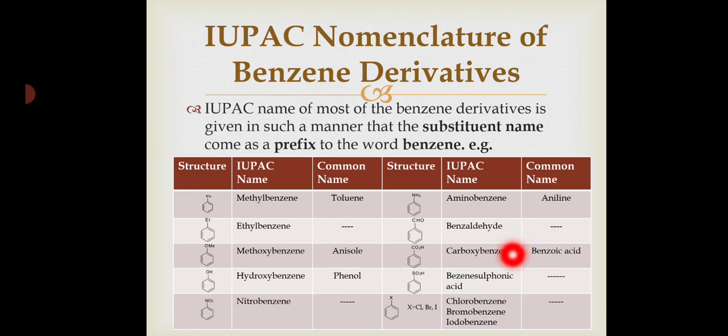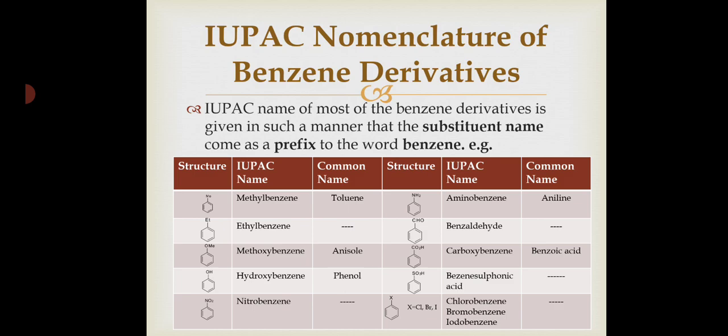Sulfonic acid group on benzene, then benzenesulfonic acid. And when you have halides on benzene ring such as chloride, bromide, iodide, it is named as chlorobenzene, bromobenzene, iodobenzene respectively.